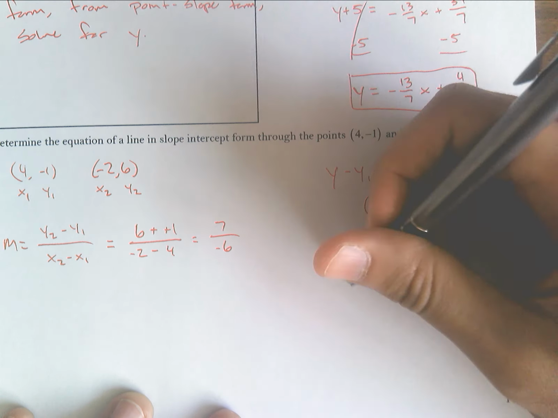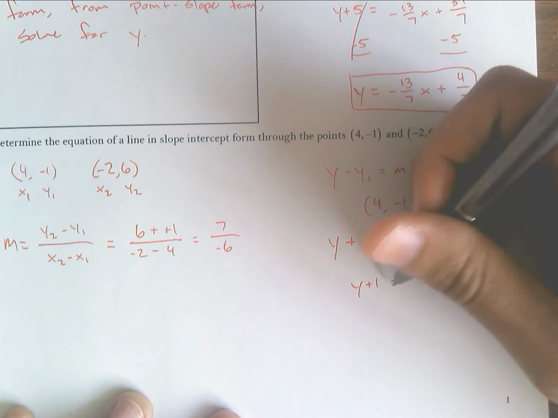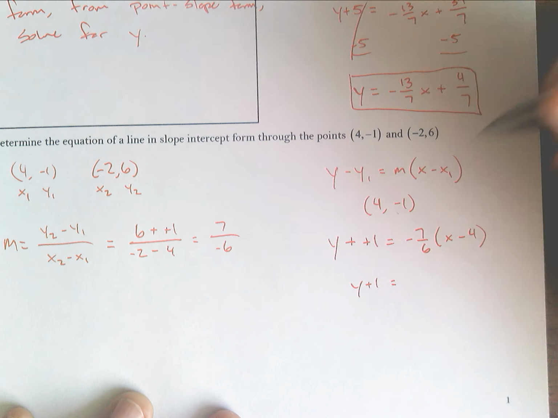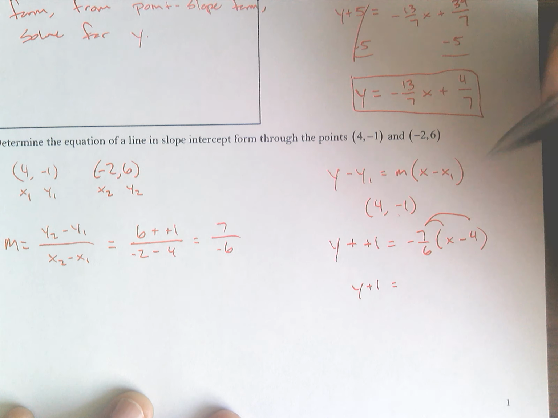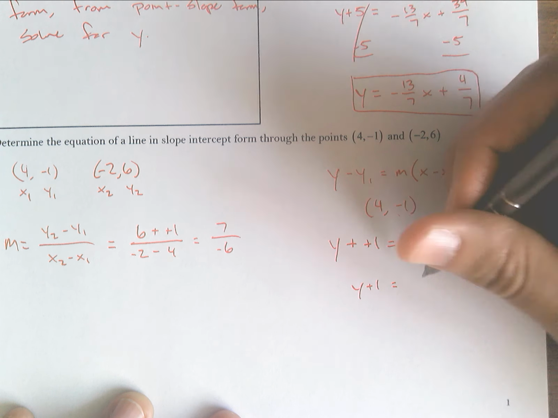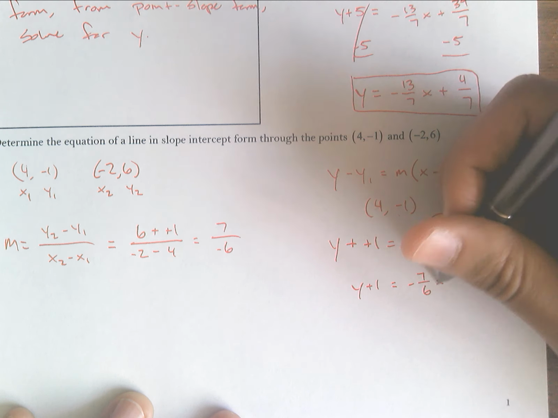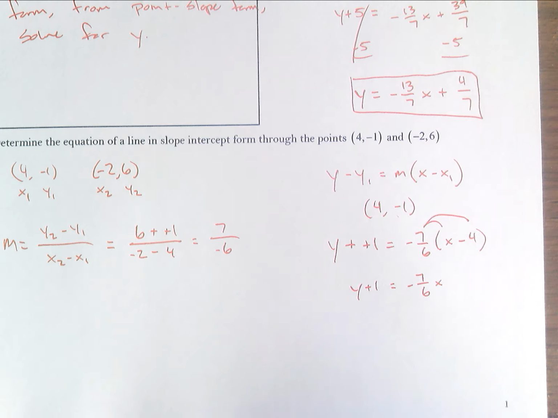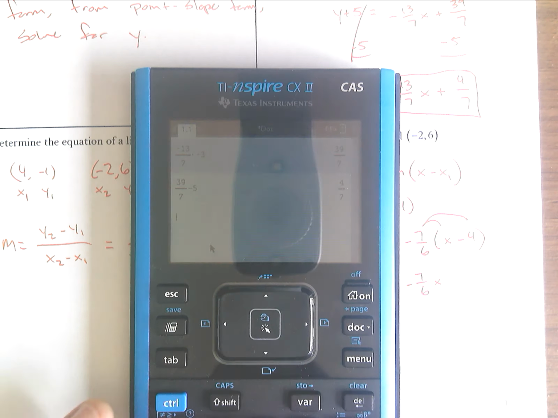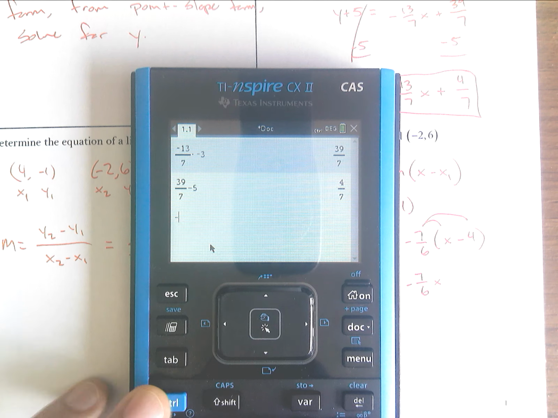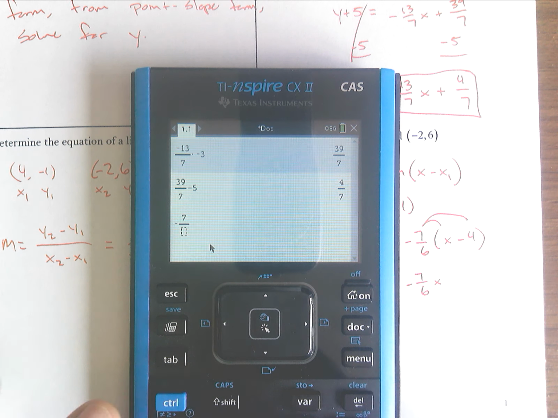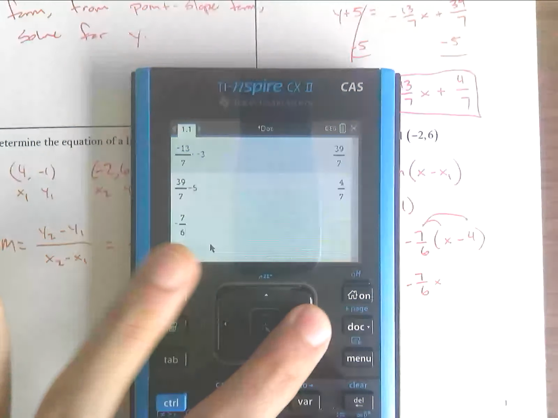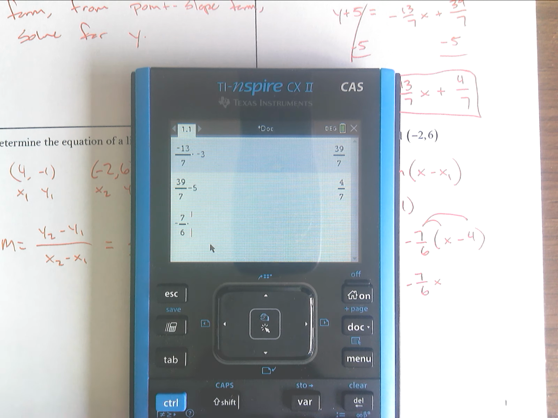So we have y plus 1 equals, and then our negative 7/6, we can distribute that. So negative 7/6 times x is just negative 7/6x. And then negative 7/6 times negative 4, let's go ahead and plug that into our calculator. So we have negative 7/6, I'm going to use that fraction bar again, negative 7/6 times negative 4. That gives us 14 thirds.